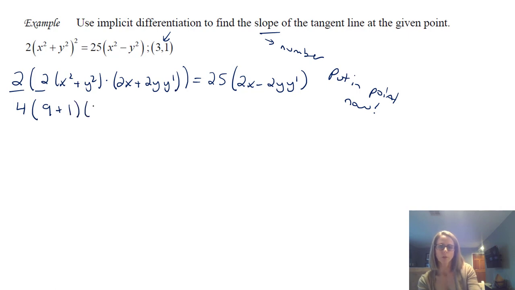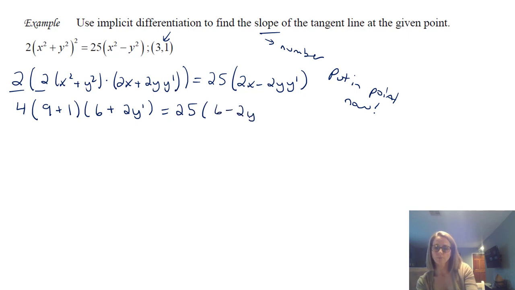And then we have 2 times 3, which is 6, and 2 times 1, which is 2, and don't forget my y prime is still y prime. Over on the other side I have 25, 2 times x is again 6, and 2 times 1 again is 2. So I have this, and then it really just becomes solving for y prime and getting your number.